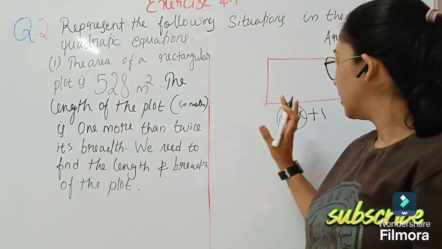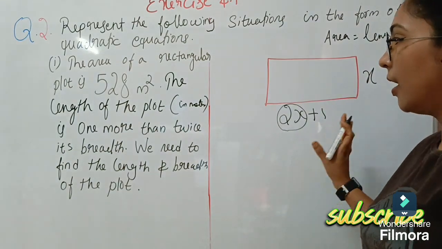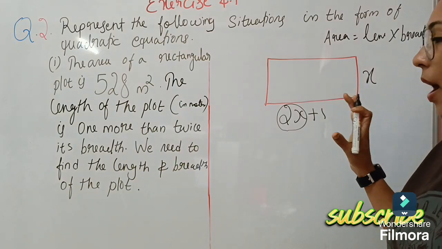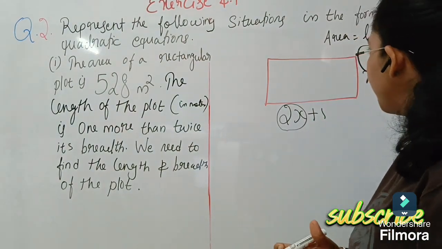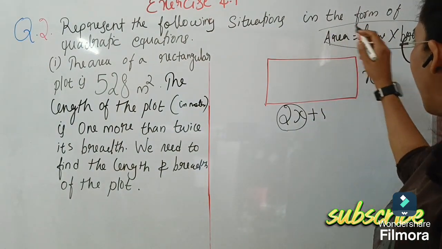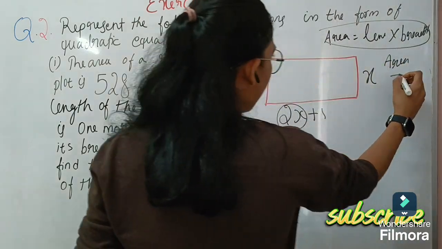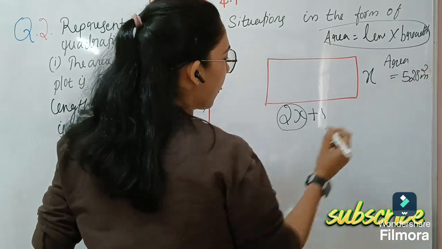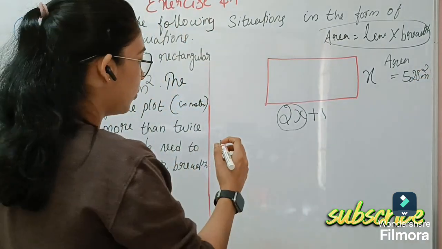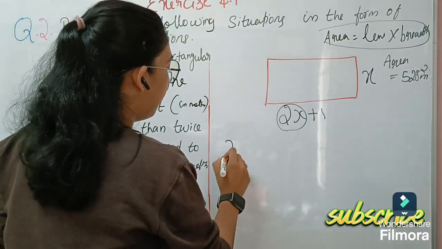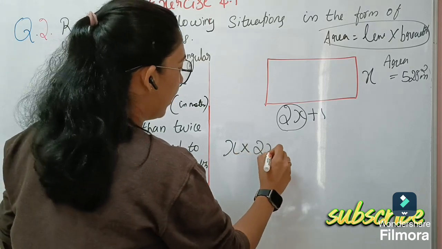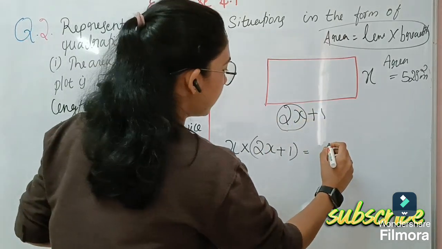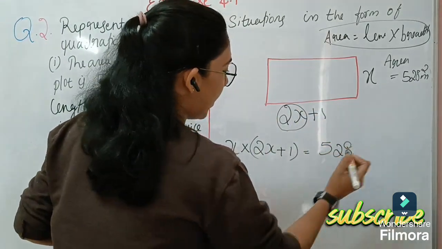So these are the length and breadth of the rectangle, and we need to find the quadratic equation. We are also given that the area is equal to 528 meters square. So how can we make a quadratic equation? Breadth into length is area, which is given as 528.